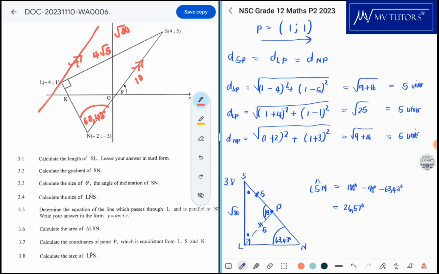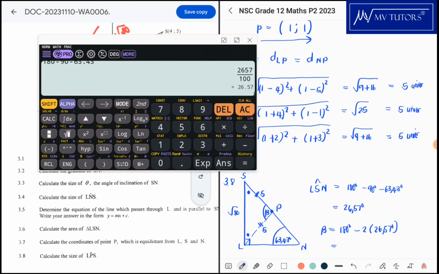So now P, which is our beta, is equal to 180 minus 2 times the 26,57. Again, sum of angles in a triangle. So we're going to say 180 minus 2 times the answer. So I get, and it makes sense that it's an obtuse angle. All right, so this answer does make sense.